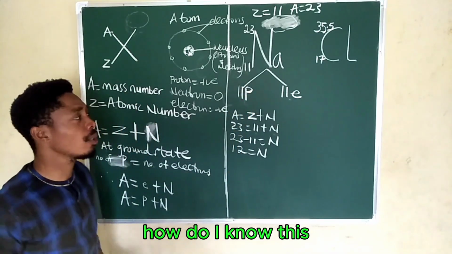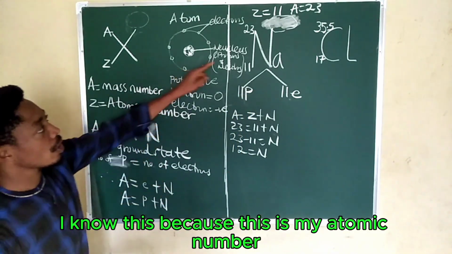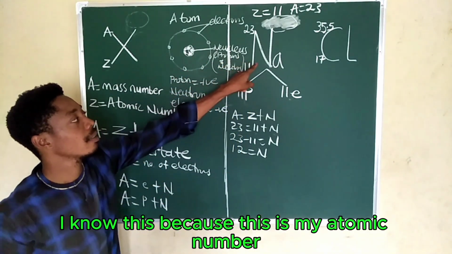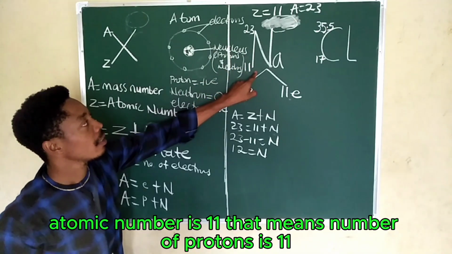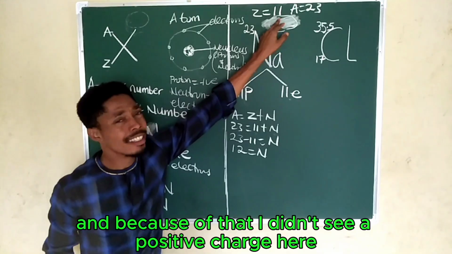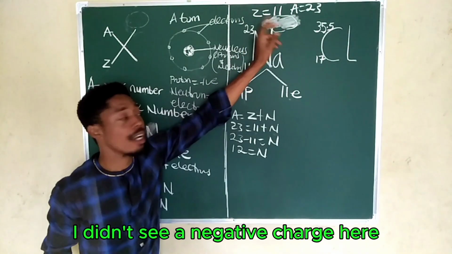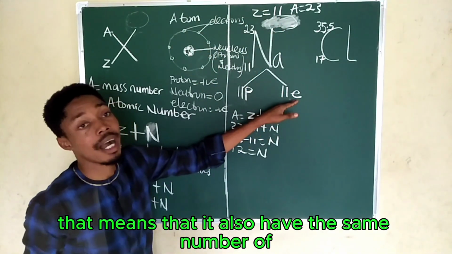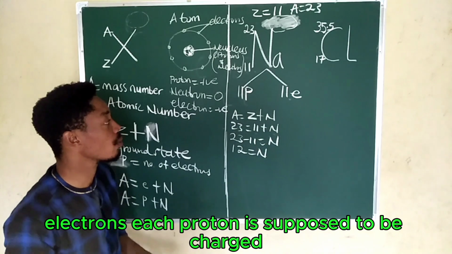How do I know this? I know this because this is my atomic number. Atomic number is 11. That means number of protons is 11. And because it's at ground state, I didn't see a positive charge here, I didn't see a negative charge here. That means that it also has the same number of electrons.